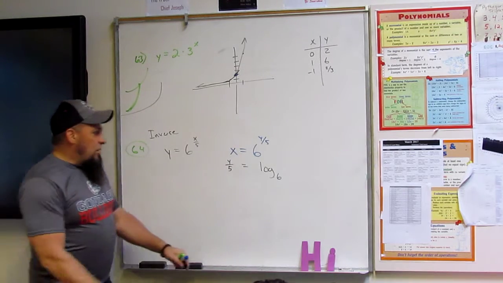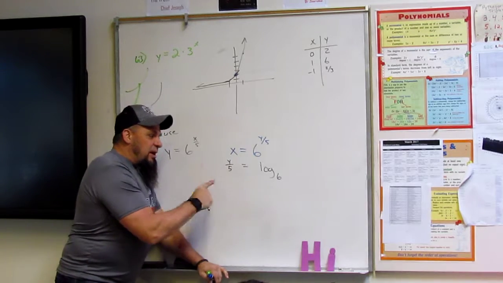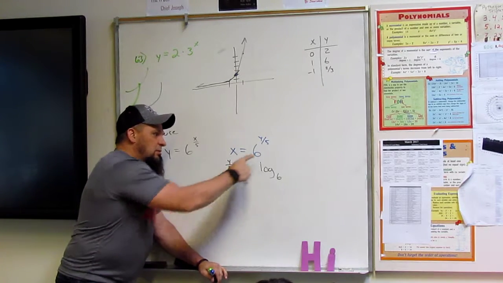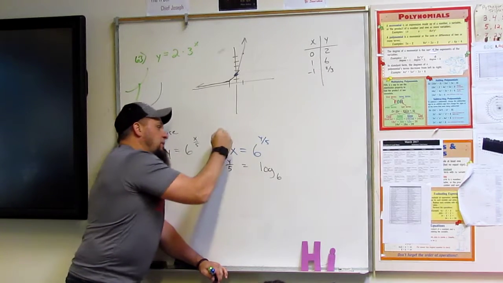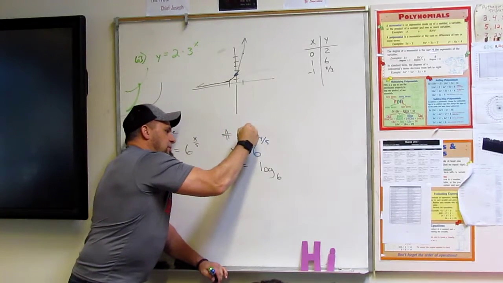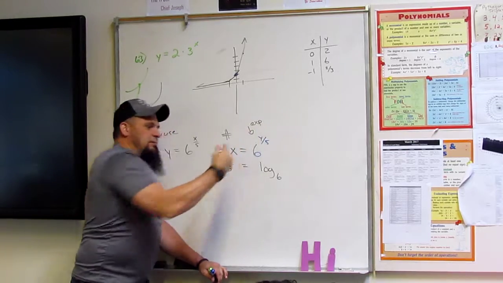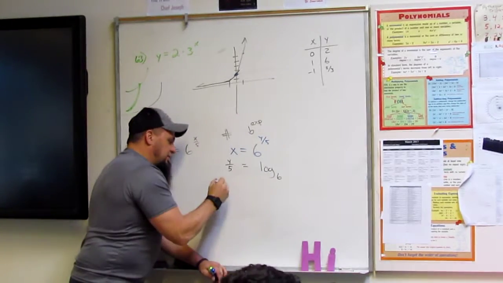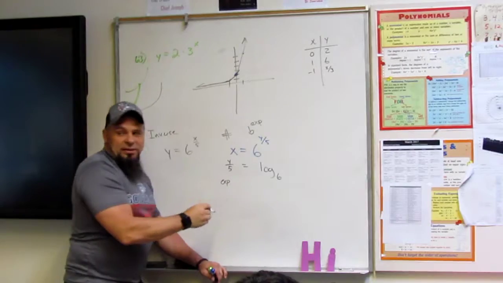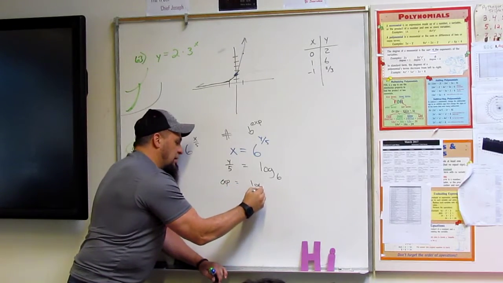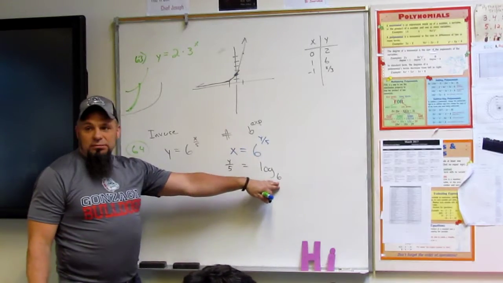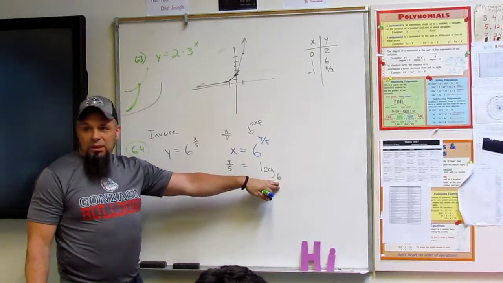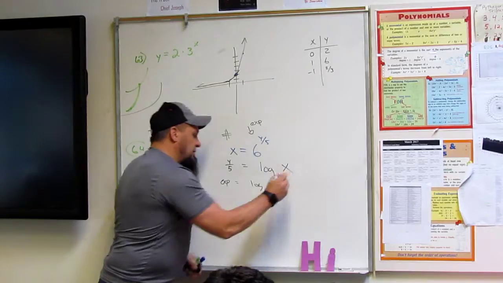So, what's my exponent? Y over 5. But what's my number? Remember, there's a number, and there's a base to the exponent. So the exponent is equal to the log of the number, so we're going to go base 6 of x.